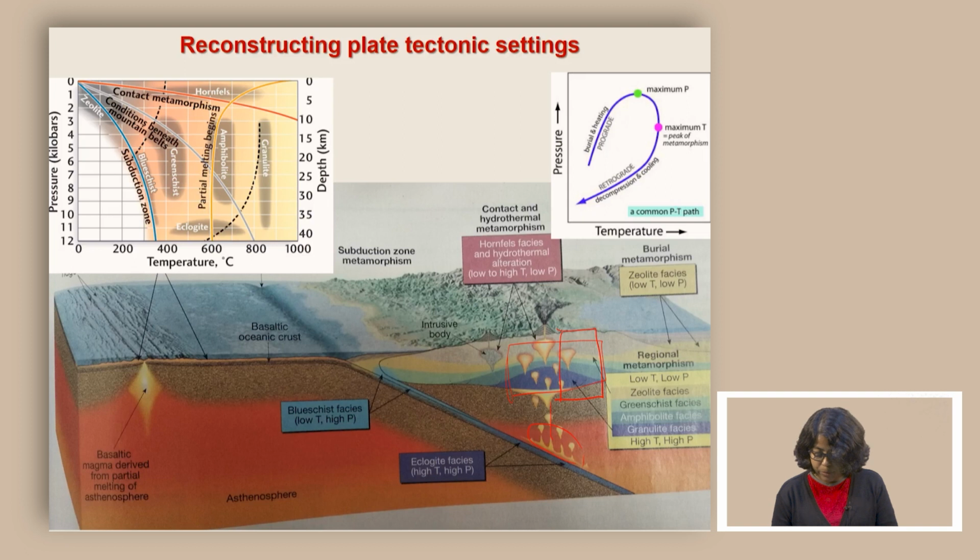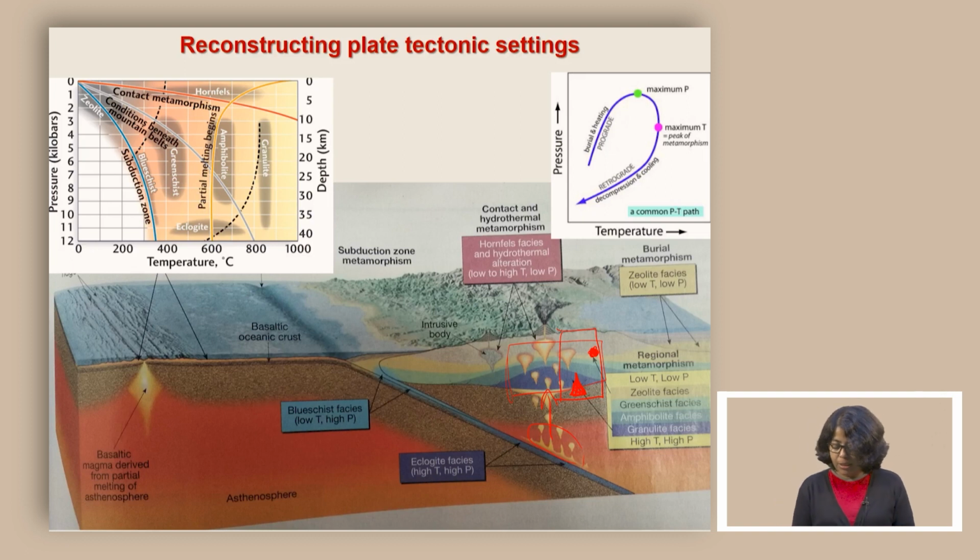So, there would be things right around here which are experiencing relatively low temperature and low pressure, but the rocks right around here are experiencing high pressure because of the depth, and high temperature because of the geothermal gradient as well as the increasing magma volume.